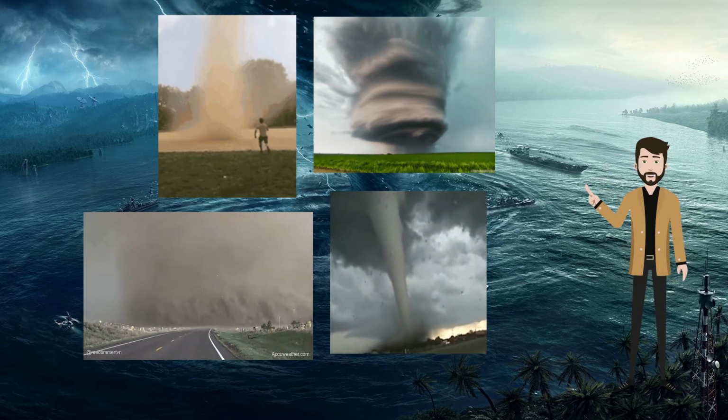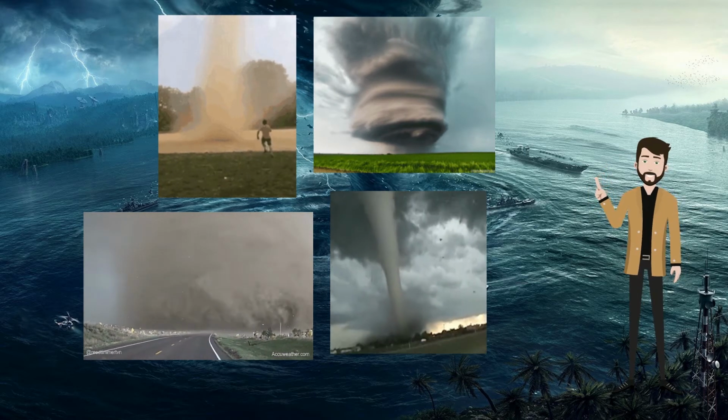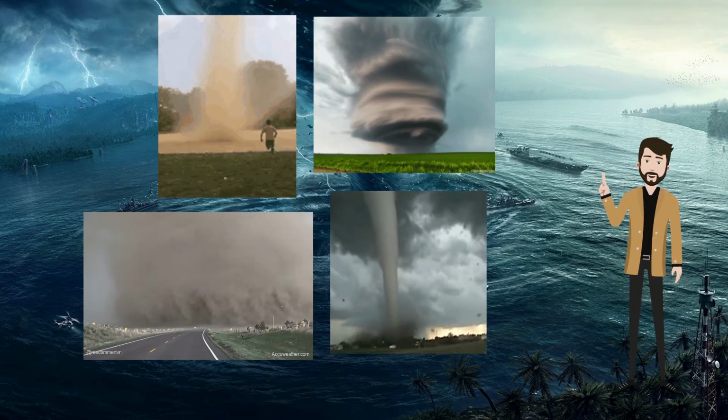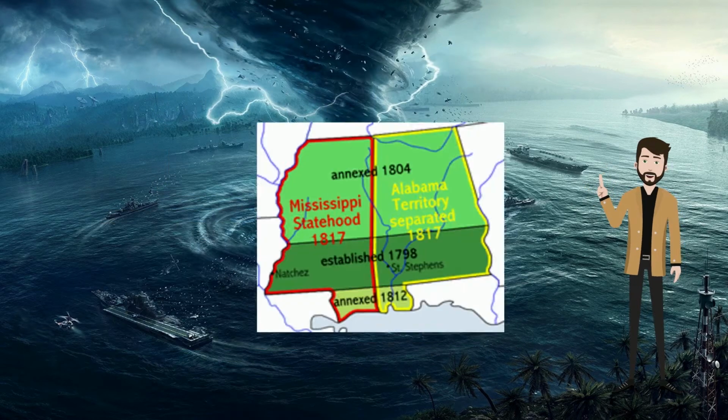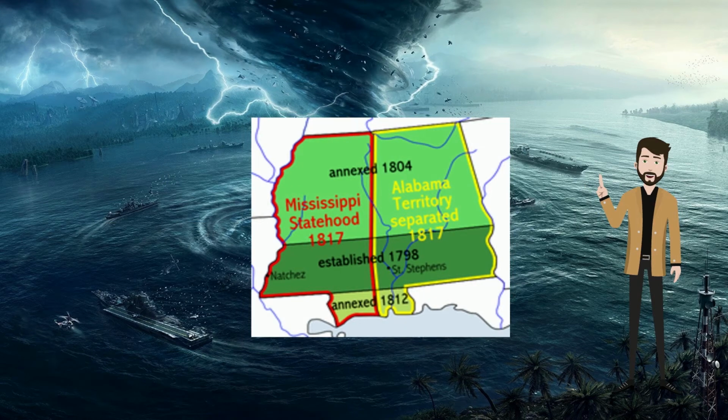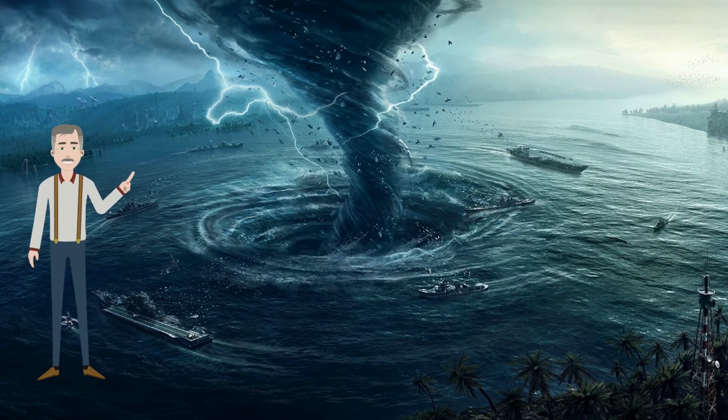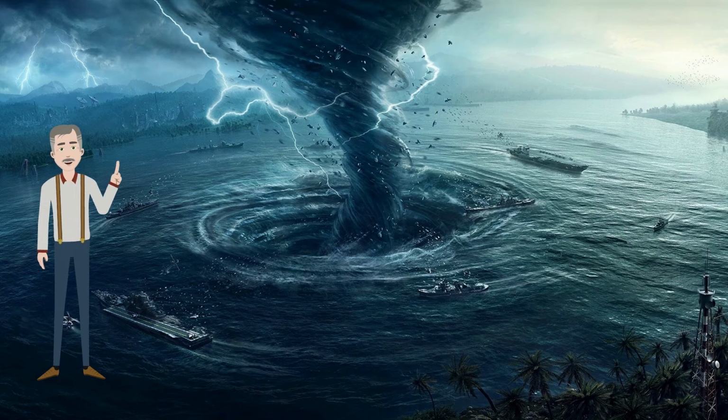Another highly significant region, colloquially known as Dixie Alley, is the southern United States, and particularly the northern and central parts of Alabama and Mississippi. Florida is one of the most tornado-prone states. However, Florida tornadoes rarely approach the strength of those that occur elsewhere.